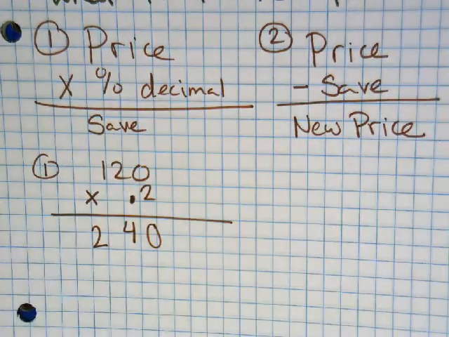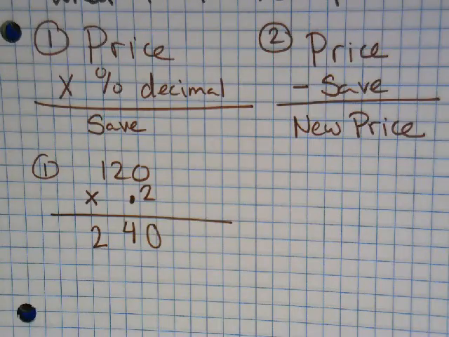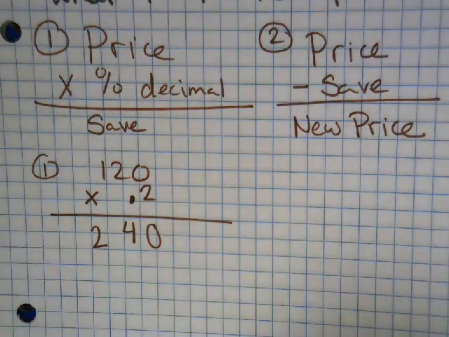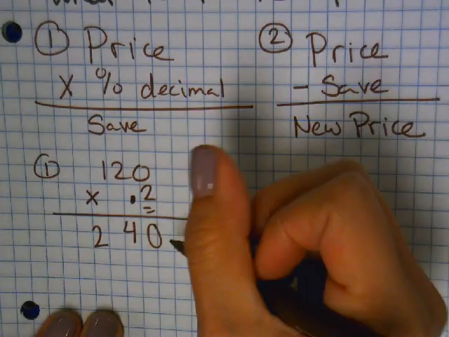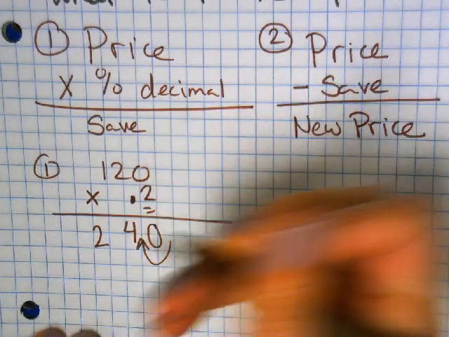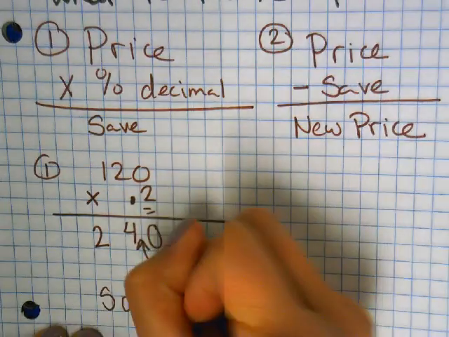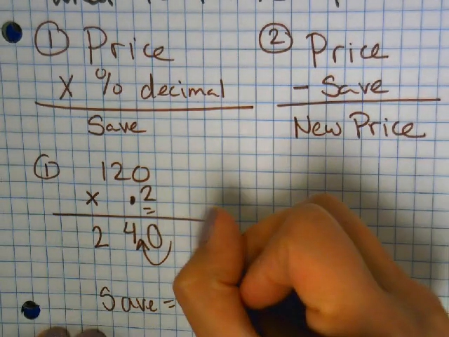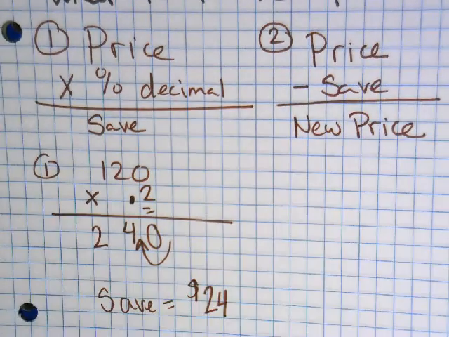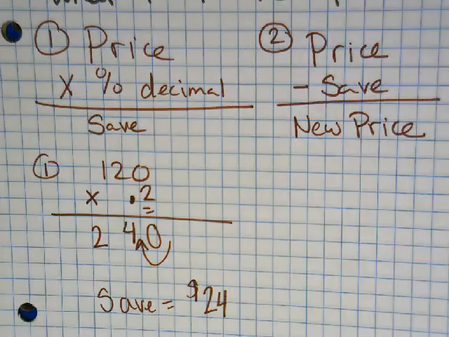So do I save $240? No, you're never going to save more than it costs. So this number should always be smaller than this number. What's the only thing I'm forgetting? The decimal. How many times do I move it? 1. Because there's one number after, I only move it one time. So how much money do I save? $24. So I'm saving $24 off these shoes.